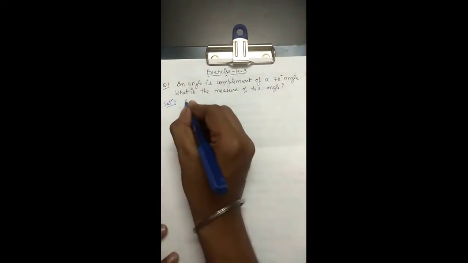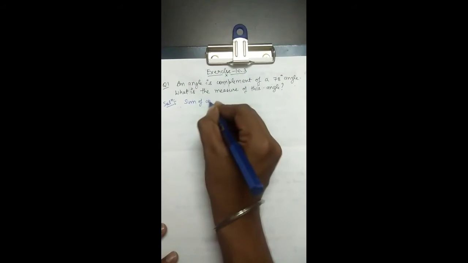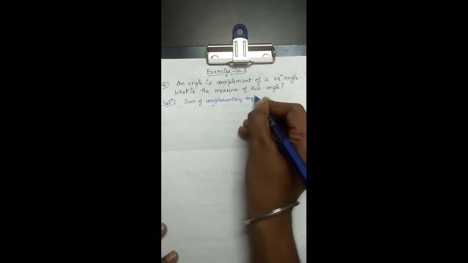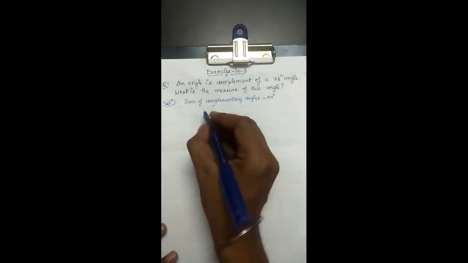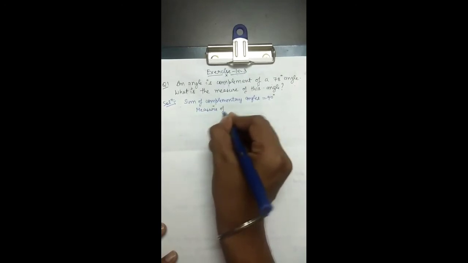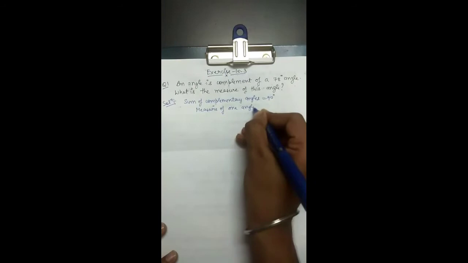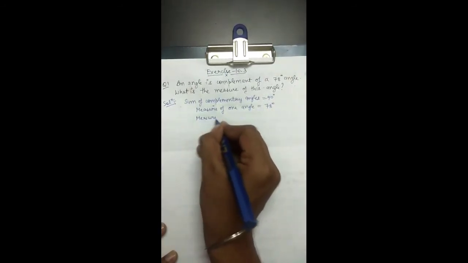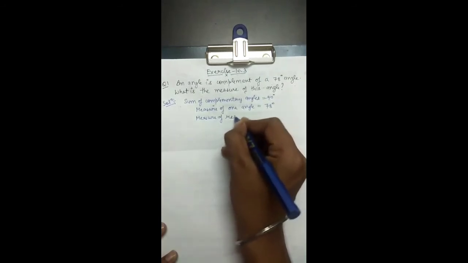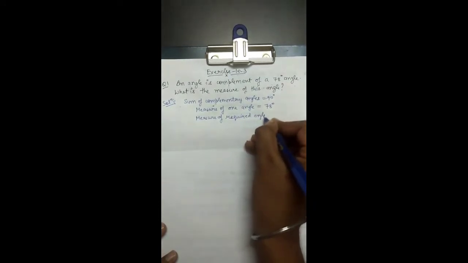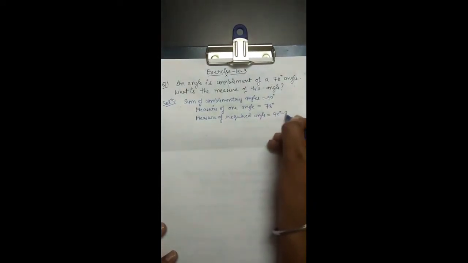We will write: sum of complementary angles will be 90 degrees, and the measure of one angle is 78 degrees. Then the measure of the other angle, so we will call this angle the required angle, will be 90 degrees minus 78 degrees.